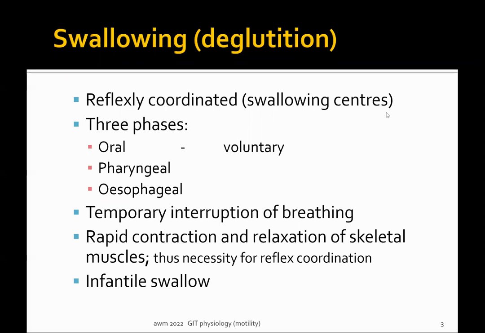Now, the rapid contraction and relaxation takes place in under a minute, okay? And it's necessary to have this reflex coordination, because there are very many muscles that are involved. Now, there's one thing that can go wrong. As we said, when you're chewing, people can have problems in the mouth, because they cannot chew. Well, definitely, if you've got a broken jaw, you cannot eat.